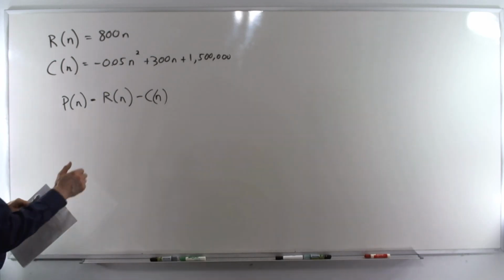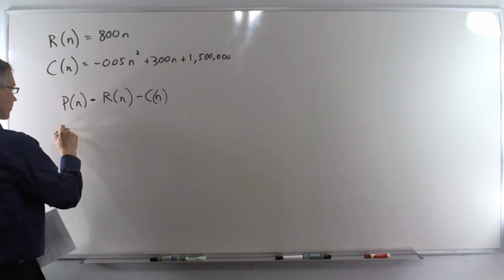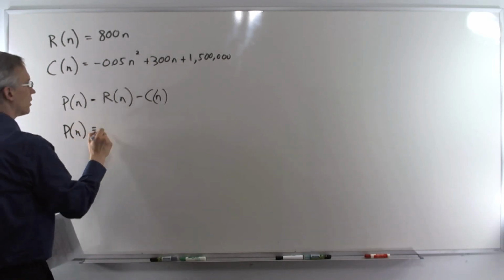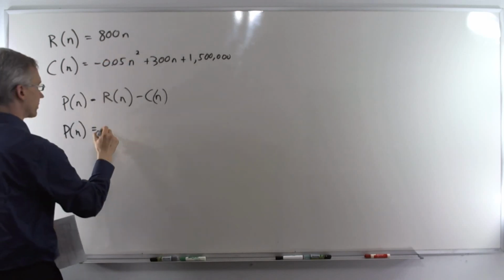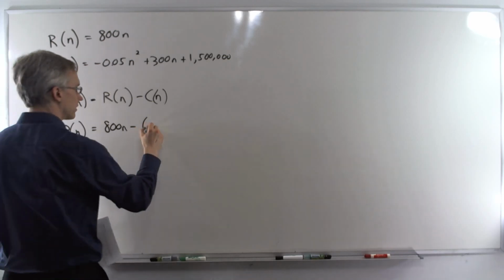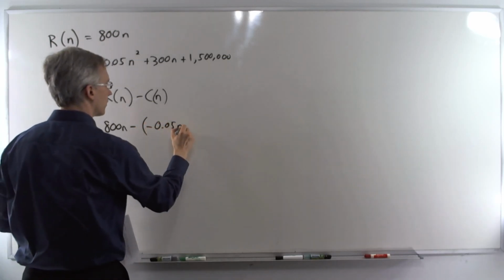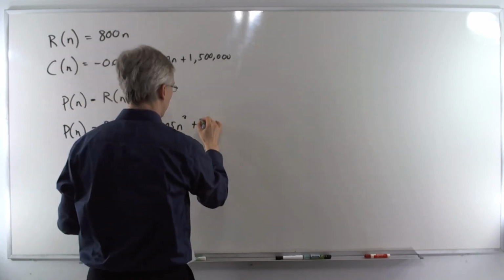All right, now we're going to use the profit equation to find the equation for the profit. So we're going to take our functions and plug them in here and get one equation for the profit. So revenue minus cost. So we get 800N minus, you got to put it in parentheses here, so we have to subtract the entire cost function.